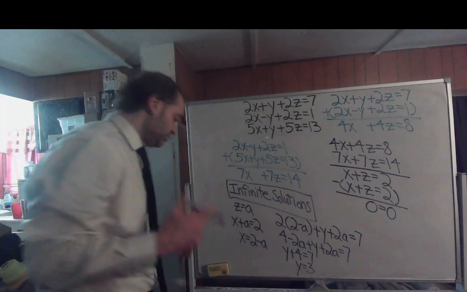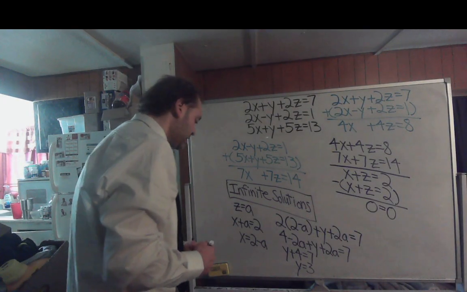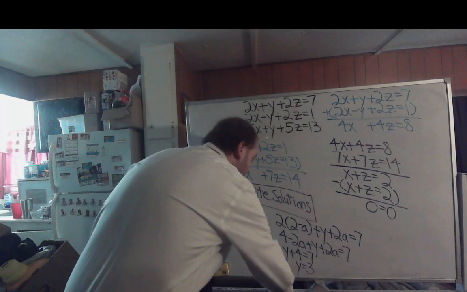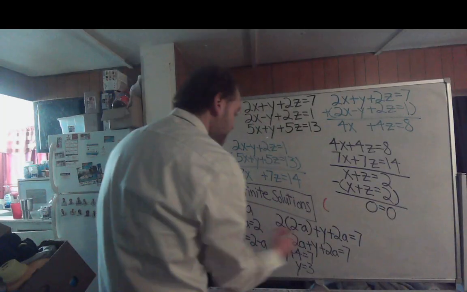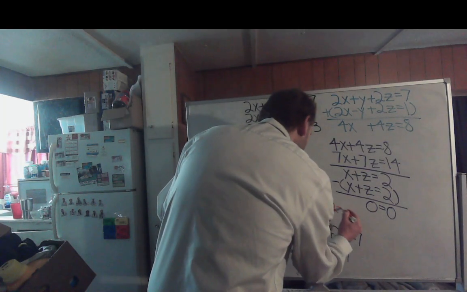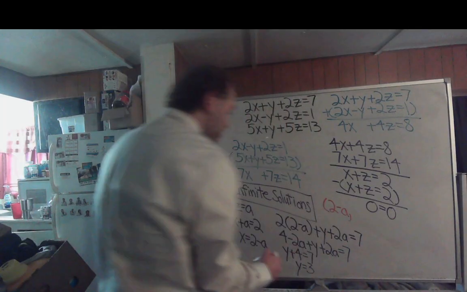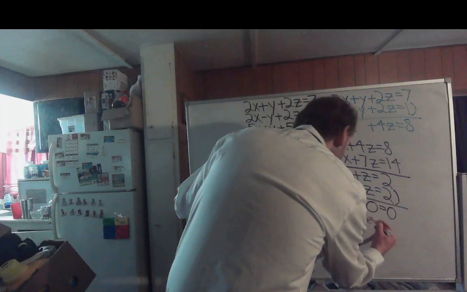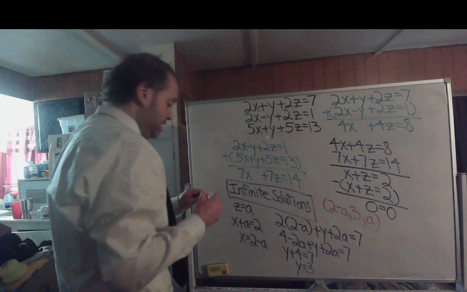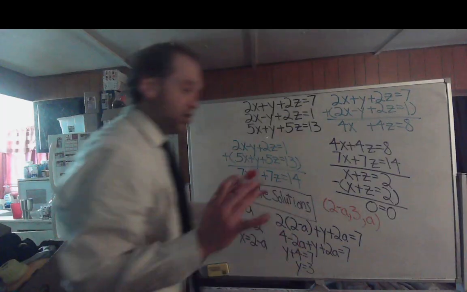So how would you list this in an ordered pair? That's probably what you're wondering. List your x-coordinate first of 2 minus a. Your y-coordinate's always 3, and then your z-coordinate's just a. Those a's represent any arbitrary variable.